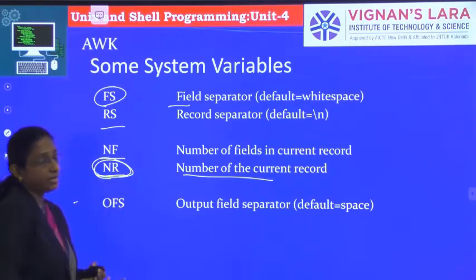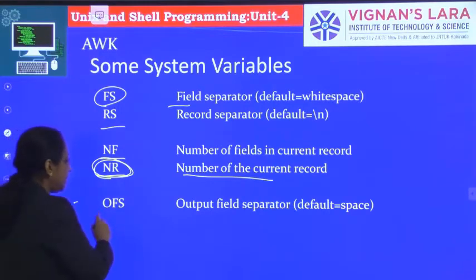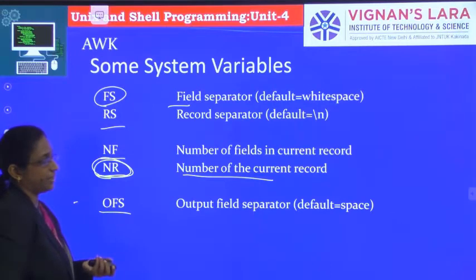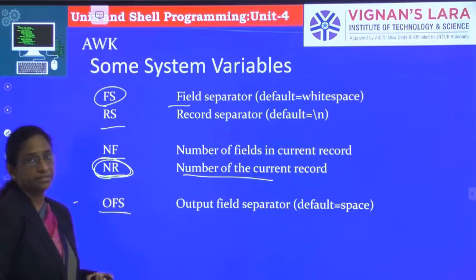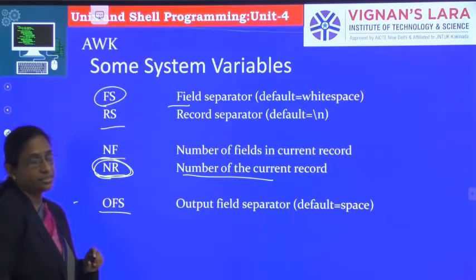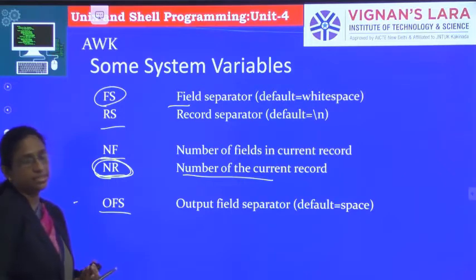NR displays the number of the current record. And you have another variable, OFS, the output field separator, which by default is space. These are some of the built-in variables available in awk, which you can use while processing the patterns.